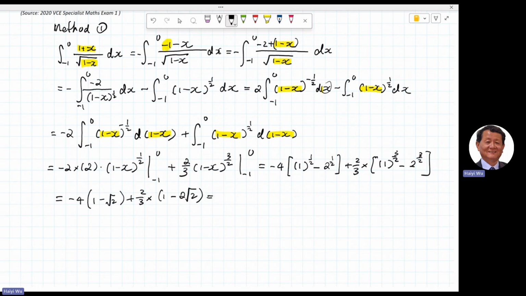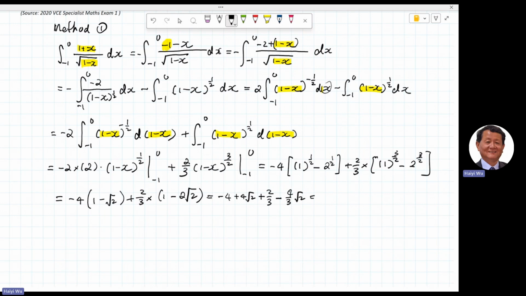So let's simplify. Expanding the bracket, -4 plus 4 square root 2, plus 2/3 minus 4/3 square root 2. So let's collect it together.